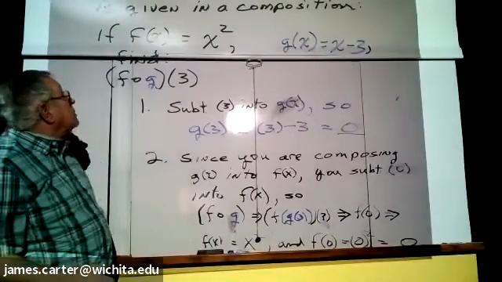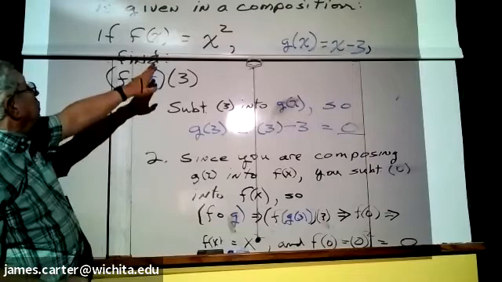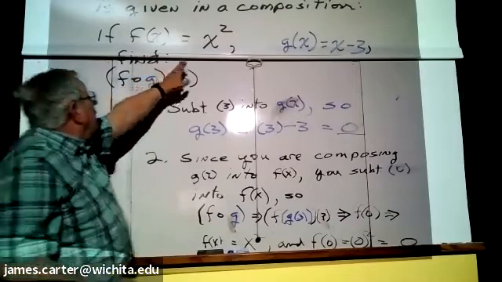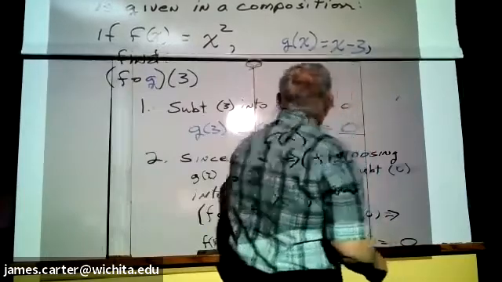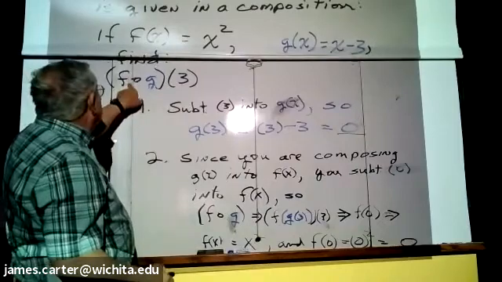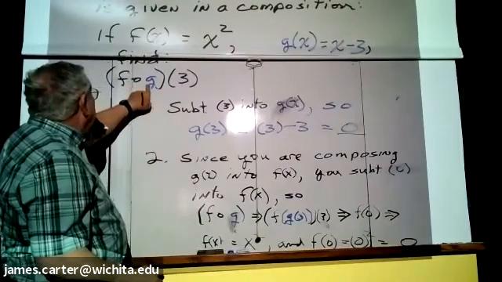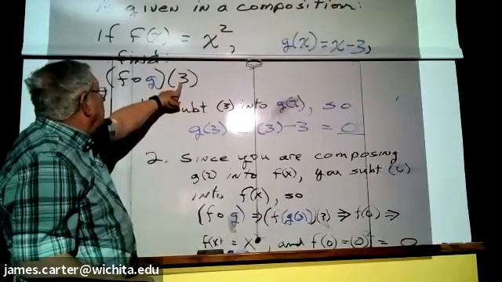Okay, now let's go back to here. I have 2 equations. I have f of x is x squared. I have g of x is x minus 3. And I tell you to find f compose g of 3.